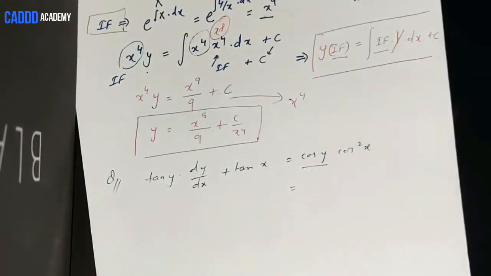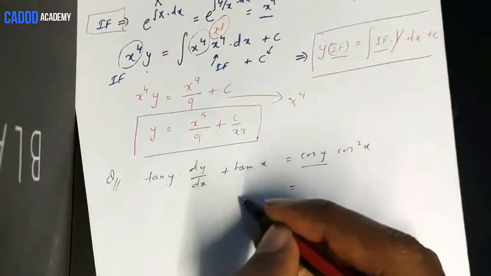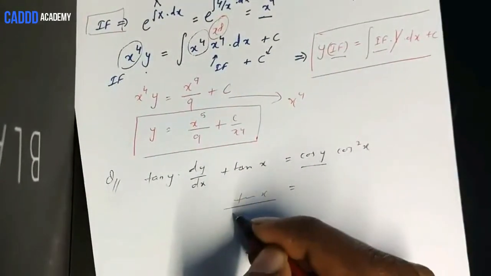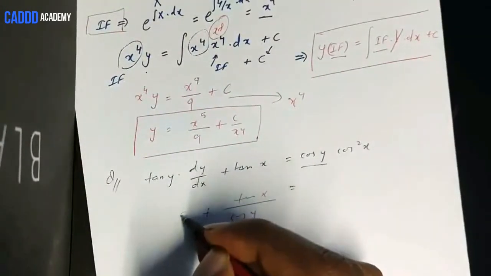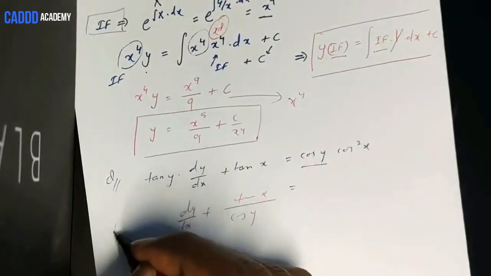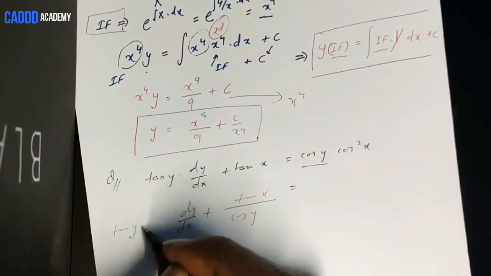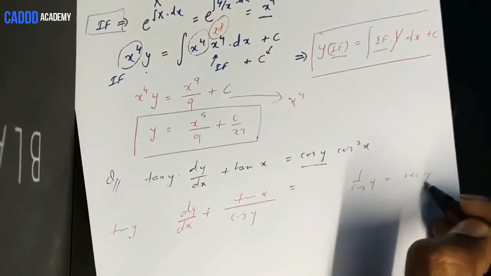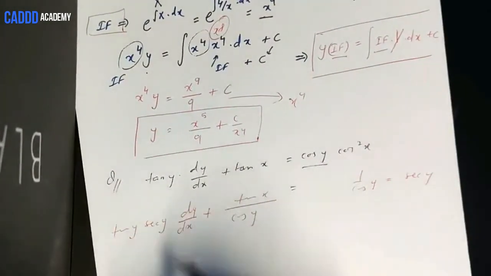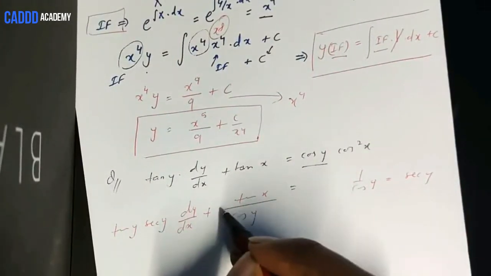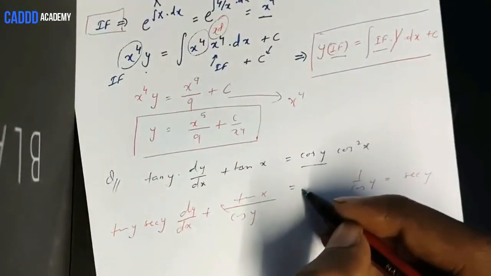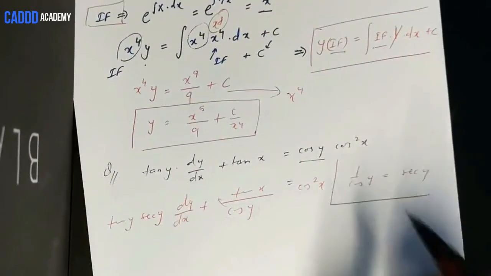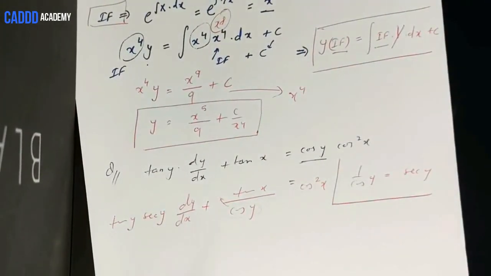So we will have tan x by cos y plus dy by dx here, and here we will have tan y by cos y, and we know that 1 by cos y is equal to sec y. So cos y will become sec y, and here we have cos square x only, because we have divided the equation by cos y only.